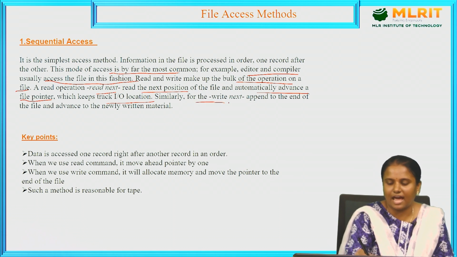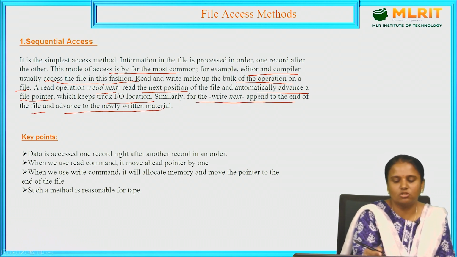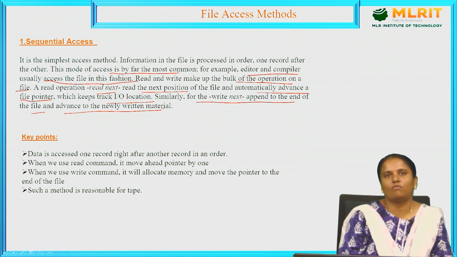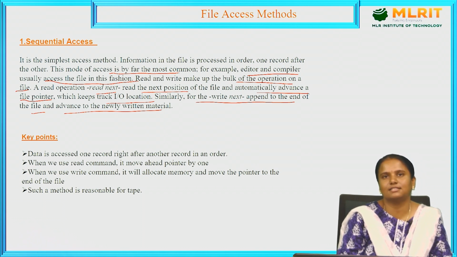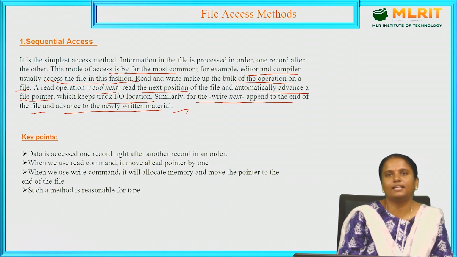Similarly, for write next, the data is appended to the end of the file and advances to the newly written material. So read operations are done one after the other, whereas write operations append to the end of the file.